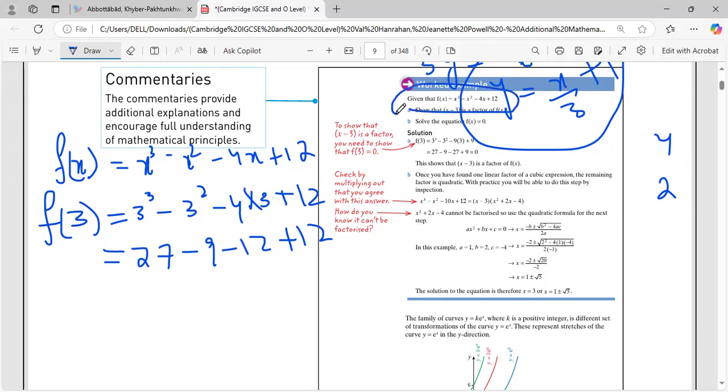Maybe this whole is wrong, right? So as you can see, if you put 3 here, this will be equal to 0. So it means x minus 3 is a factor of this.